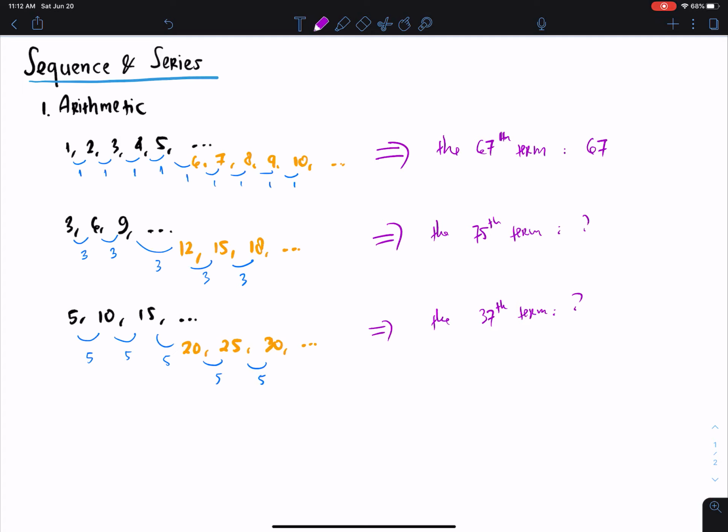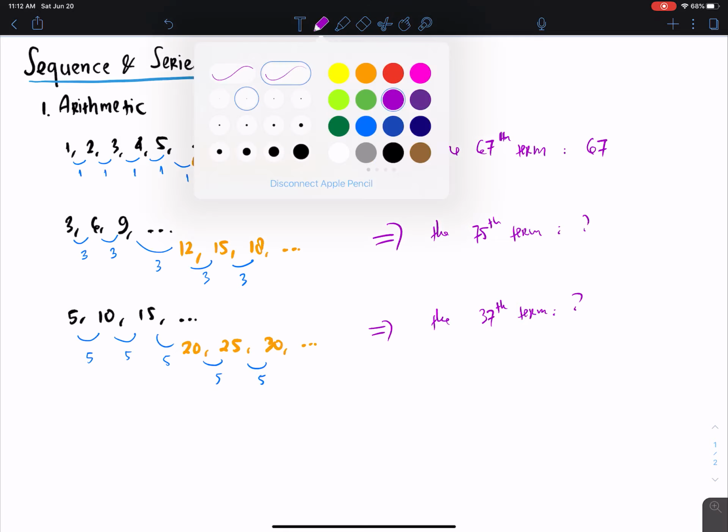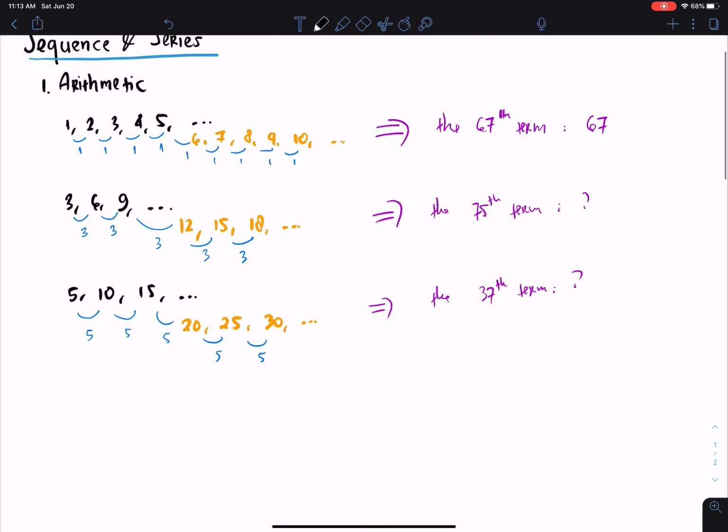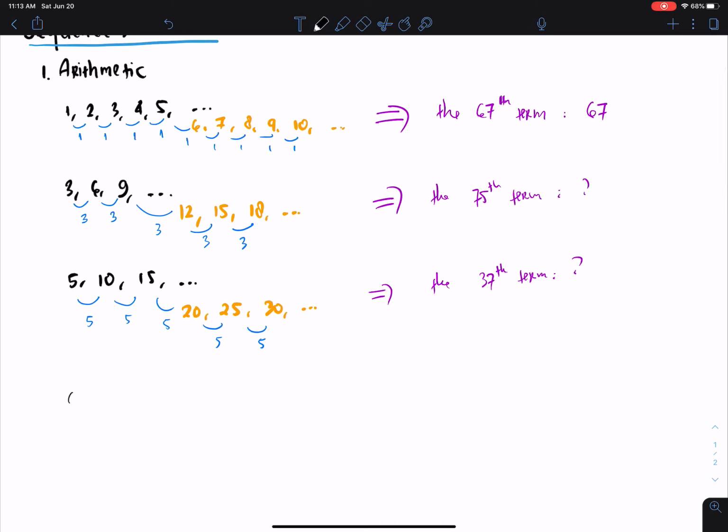So in arithmetic, because the pattern follows certain rules, we can try to figure out a formula to work with this arithmetic sequence. In an arithmetic sequence, there are things that we need to know.